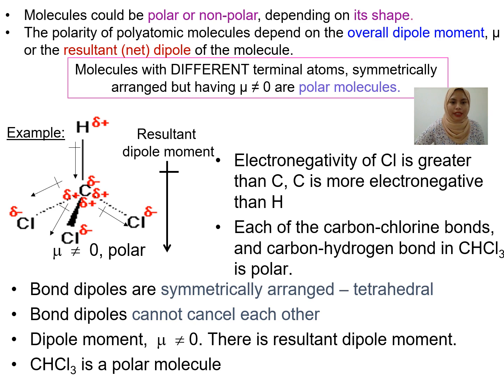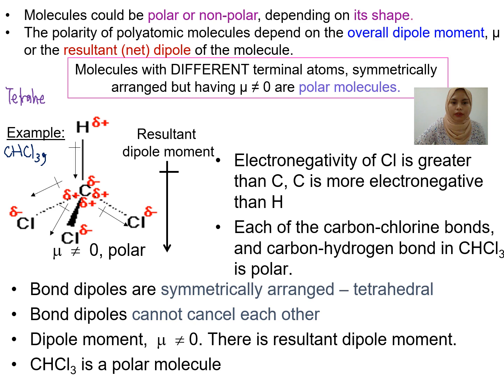Okay, for example, if let's say you ada molecule CHCl3. Bila you draw the Lewis structure untuk molekul CHCl3, you akan dapati yang bentuk molekul ni adalah bentuk tetrahedral. As you know, tetrahedral adalah symmetrical shape, ya.